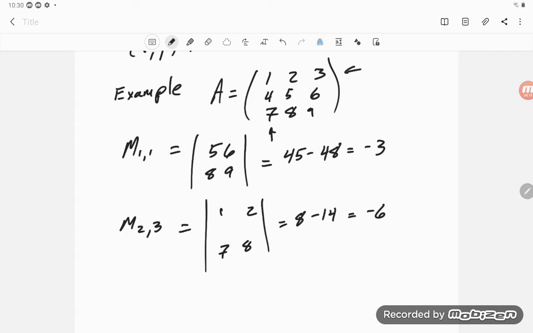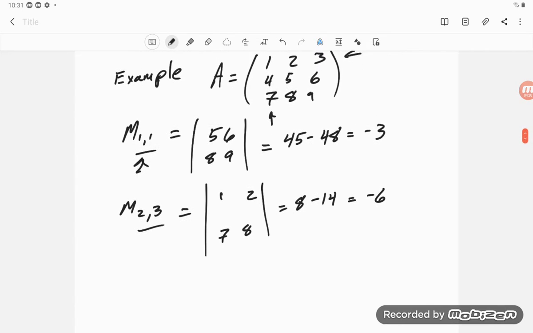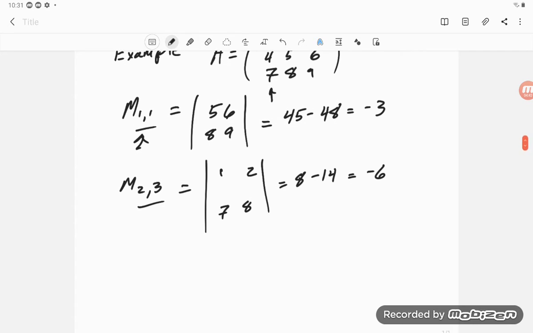Okay, so that's a minor. We just get rid of the row and column mentioned here. Hopefully you all don't have a confused face. It is just that determinant.